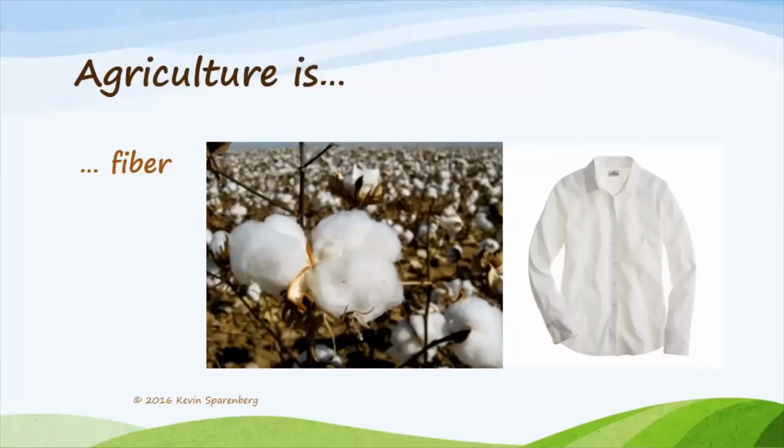Agriculture is for fiber. Fiber is for clothing and shelter. Right now I am wearing a shirt made with 100% cotton, pants made with 100% wool. I live in a home made with the lumber from trees. Cotton, wool, and lumber are forms of fiber.